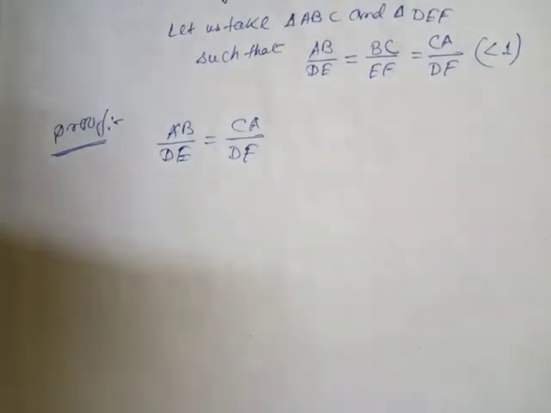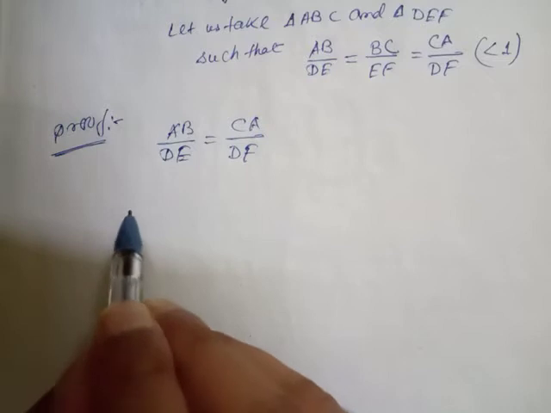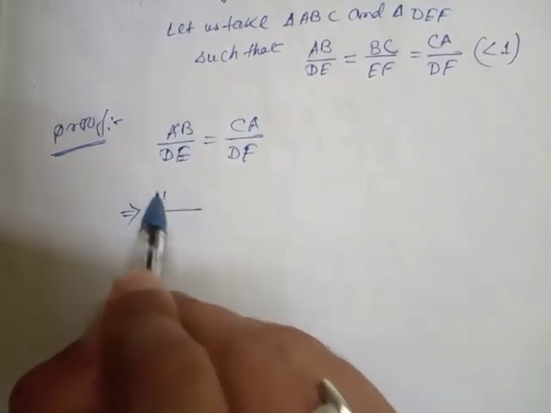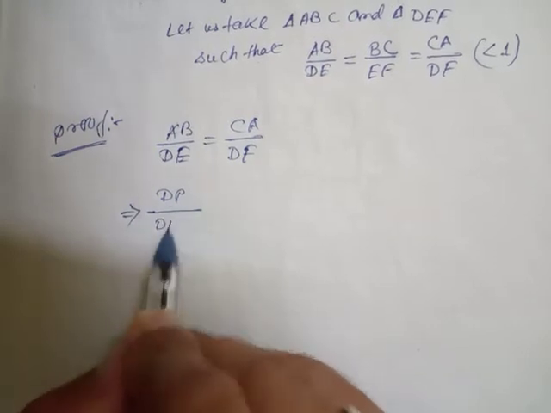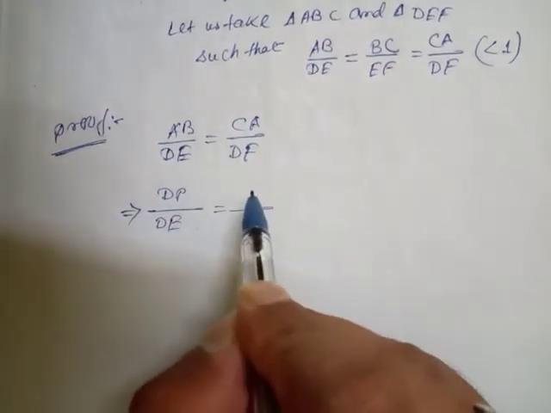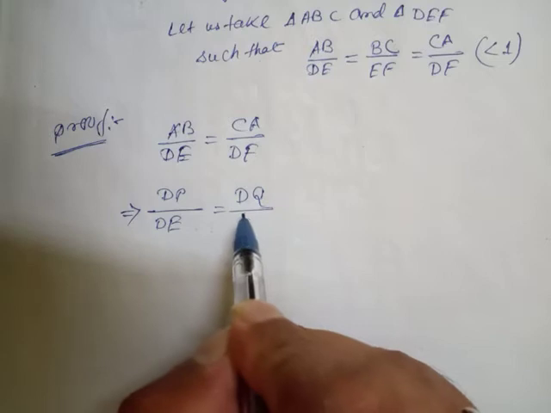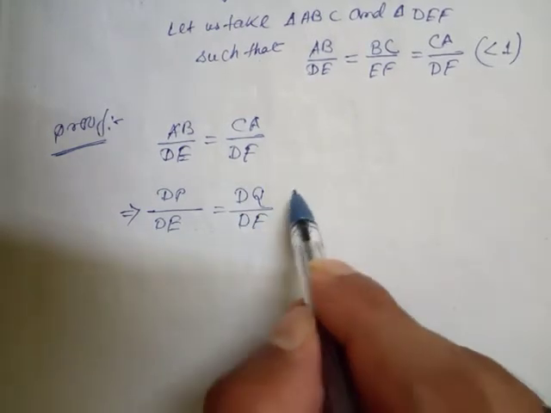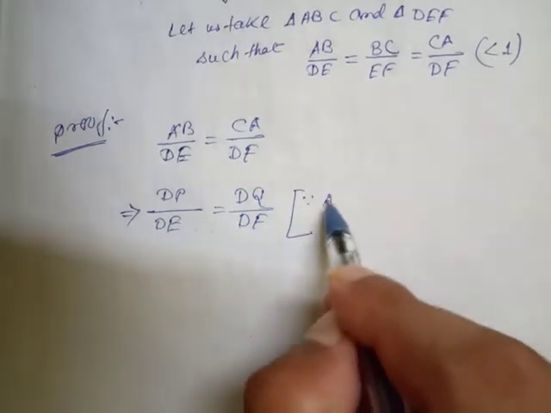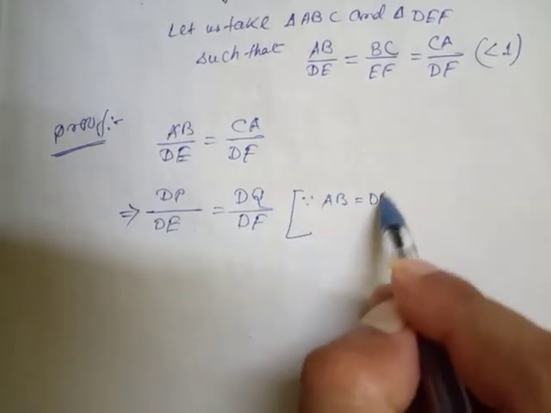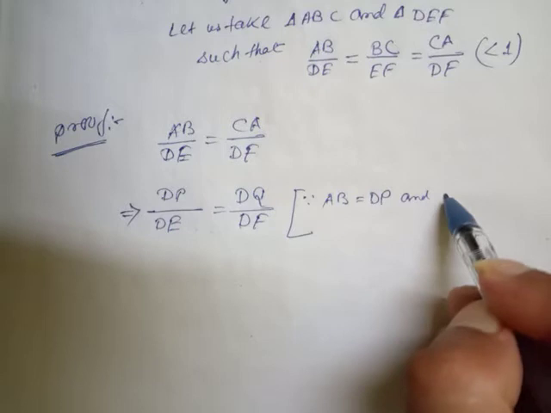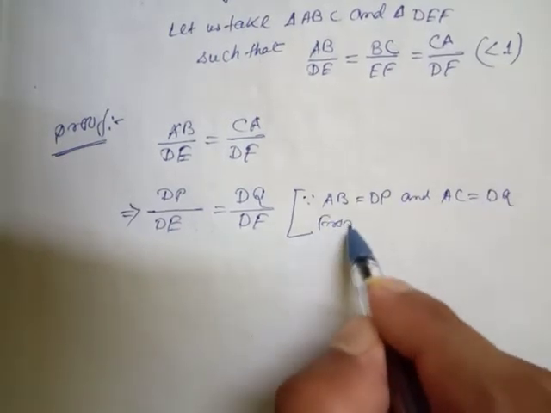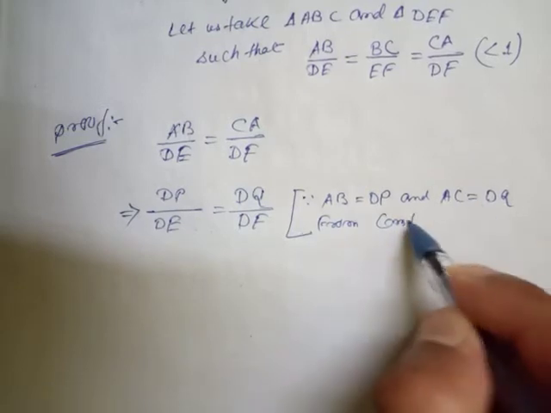Now look here, after that if I write, implies, in place of AB I write DP by DE, and in place of CA, DQ by DF. Now look here, I will write that since AB equal to DP and AC equal to DQ from construction.